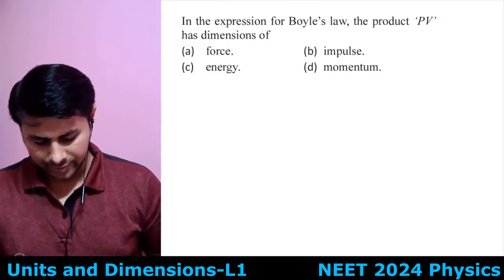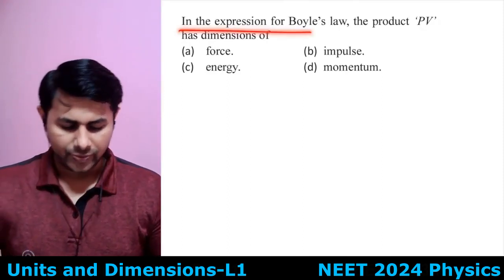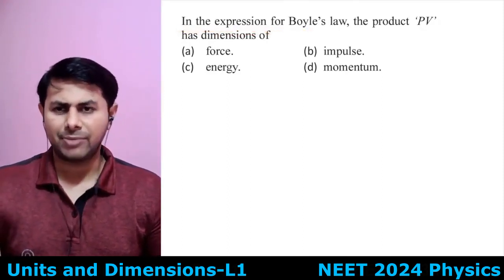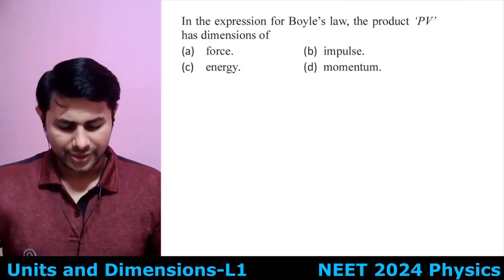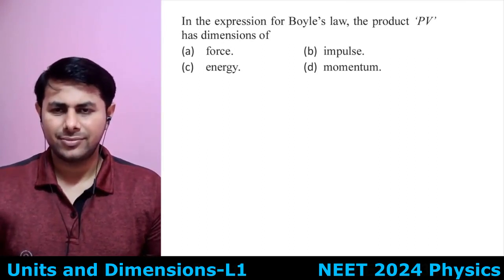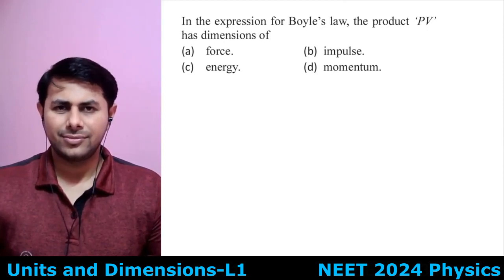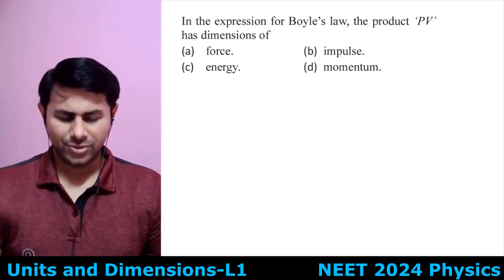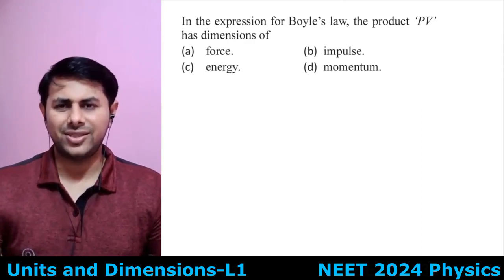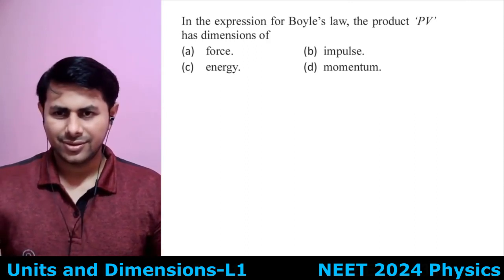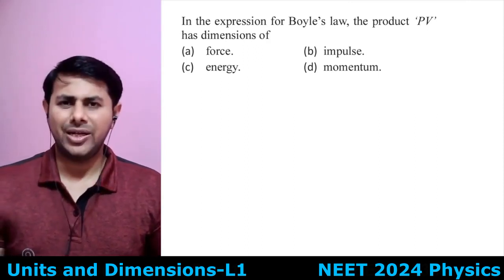Okay, this one. The expression for Boyle's law, the product PV has dimensions of force, energy, impulse, momentum. You know this or don't know? It's energy. Or we can find it out.